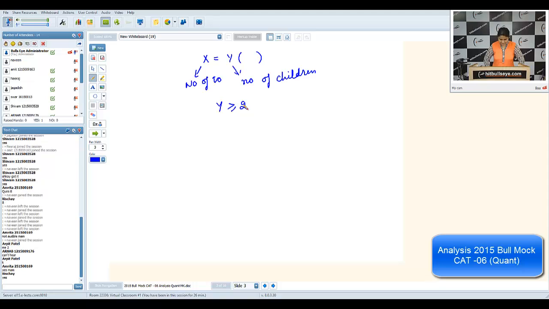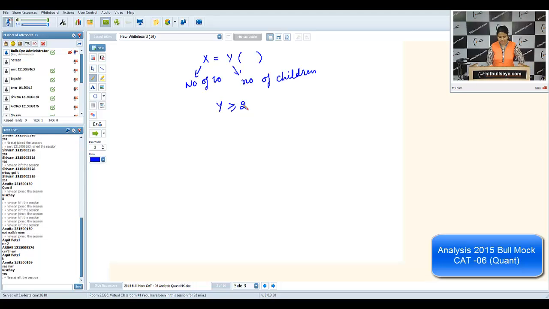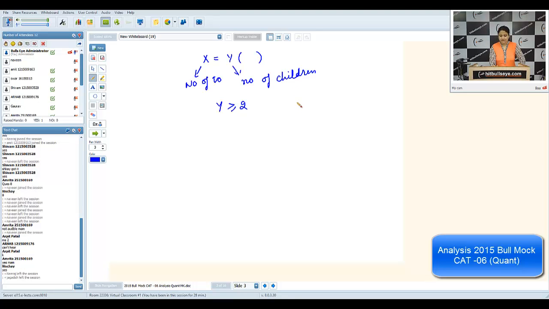Okay, see, it says X toffees can be distributed equally among Y children. That's why X can be written as Y into something, where X stands for number of total toffees and Y stands for number of children. It is also given that Y is greater than 1. That's why Y should be greater than equal to 2. Y should be an integral value because Y is the number of children.